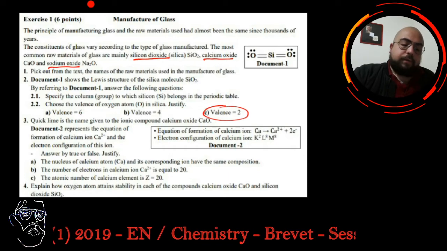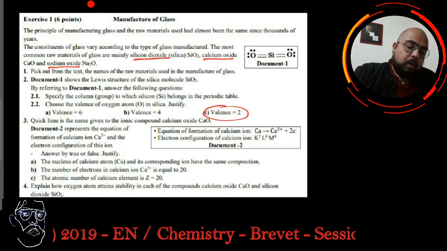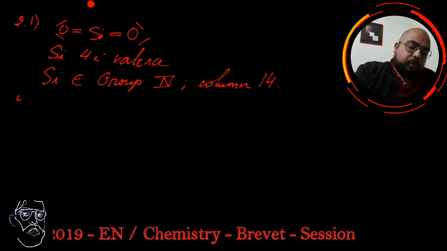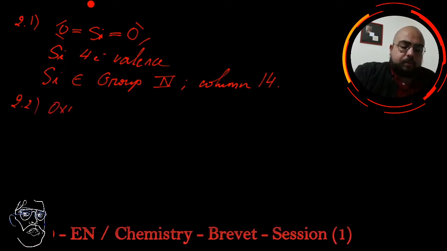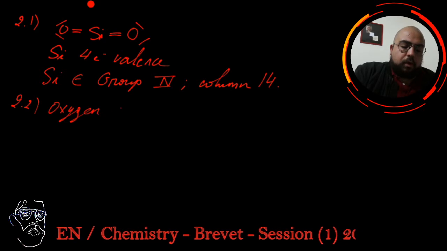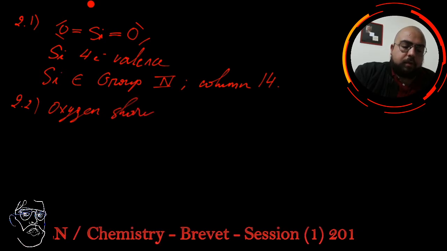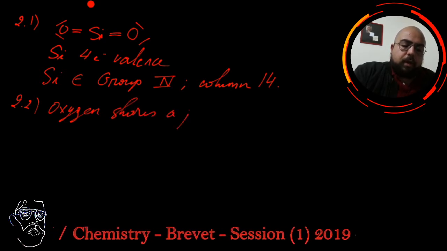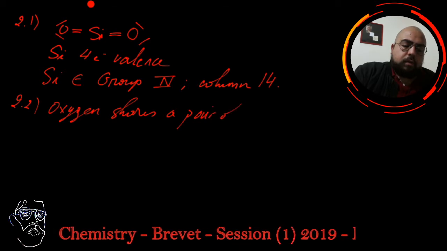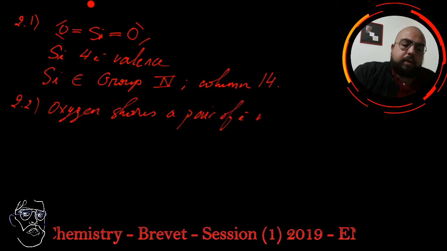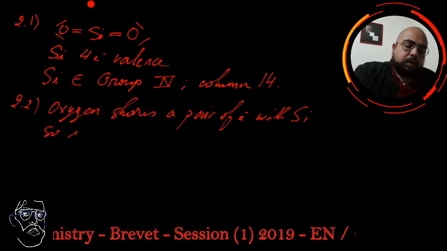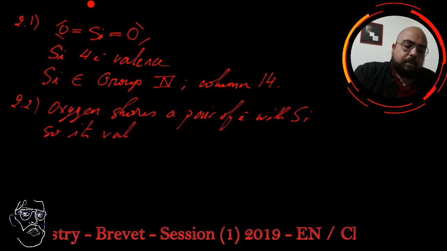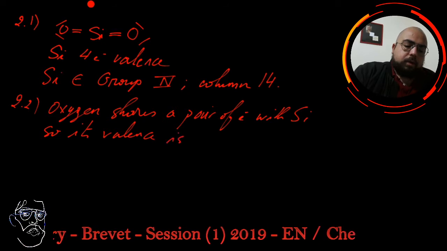You have to justify, so you can say that this is 2.2. Oxygen shares a pair of electrons with Si, so its valence is 2.